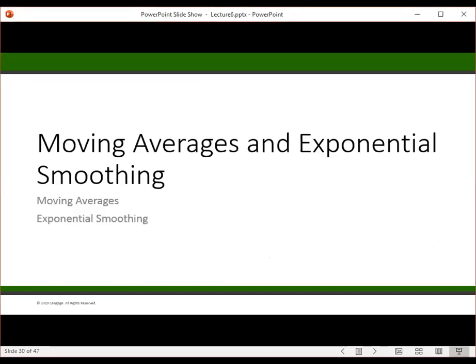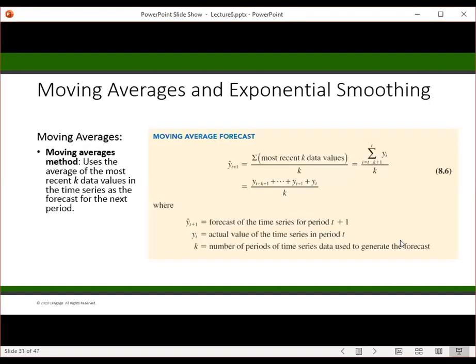Okay, next let's consider moving averages and exponential smoothing. With a moving average, we take the most recent K values in our data set, and we base our forecast on those most recent K values.